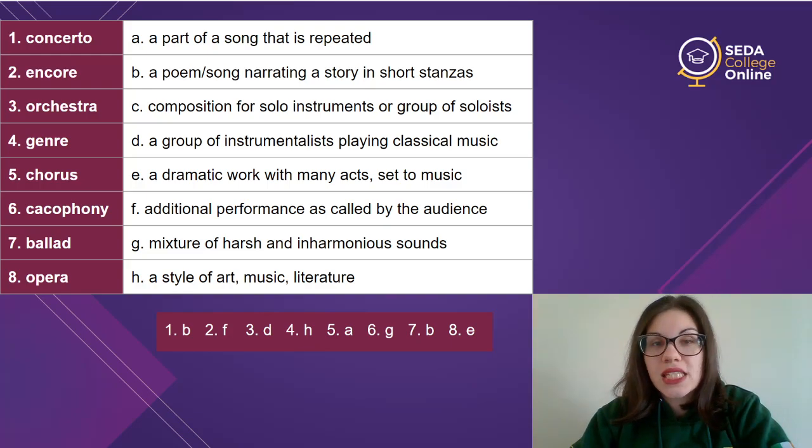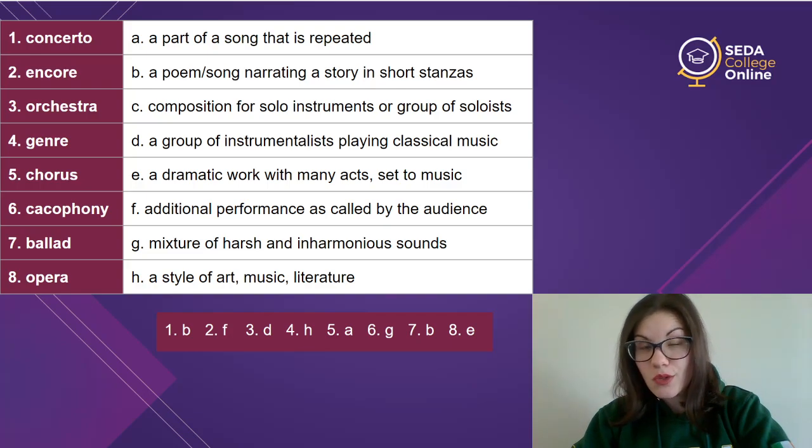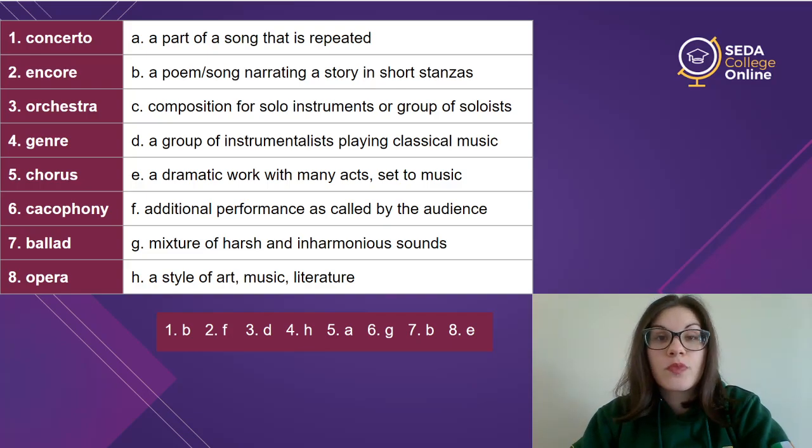For number 6, cacophony, we have a mixture of harsh and inharmonious sounds. Imagine an orchestra where very untalented musicians play. The sound will not be melodic, it will be a cacophony of sounds. And number 7, ballad. What is a ballad?